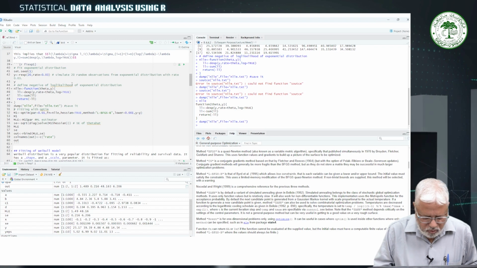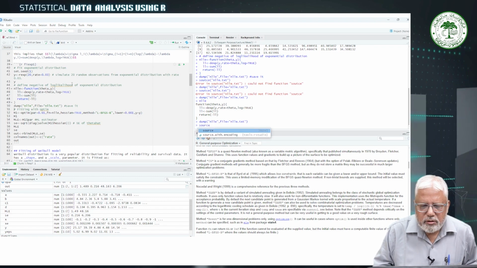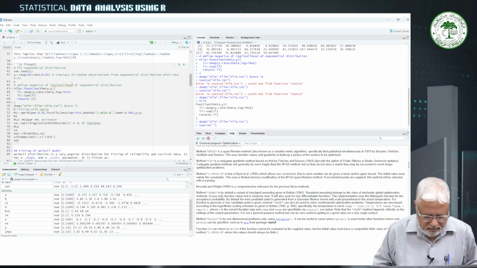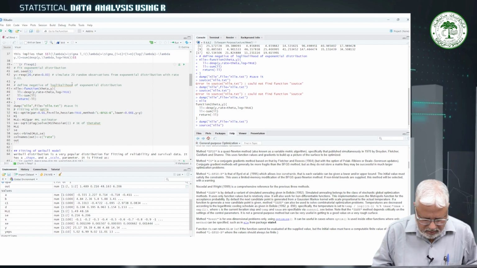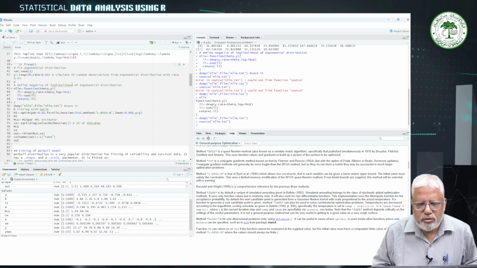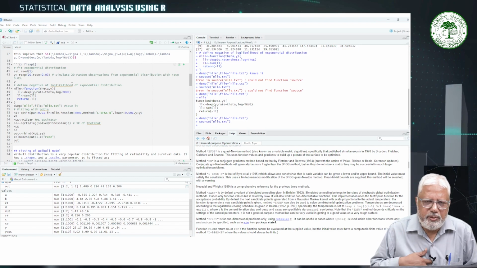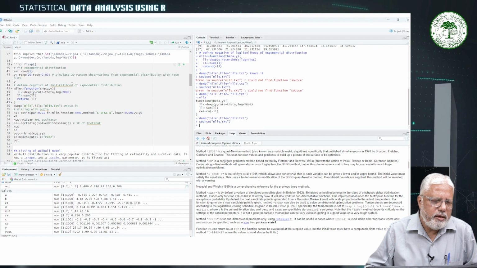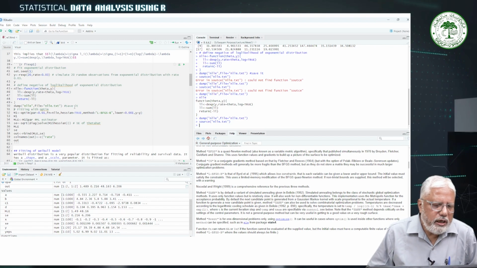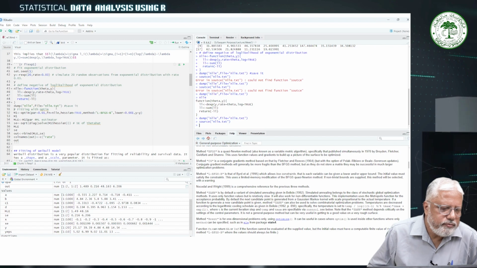And now we can source nlle.txt. So it is sourcing now. Dump and source we have already talked about. We have dumped it, and then we can source it.